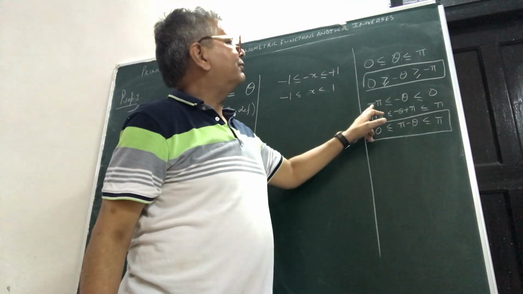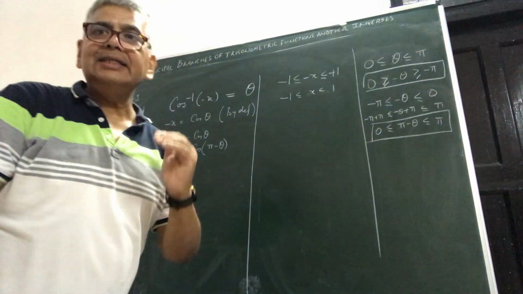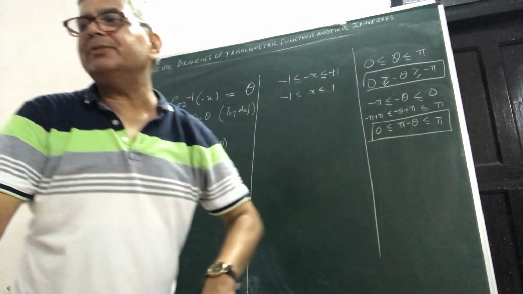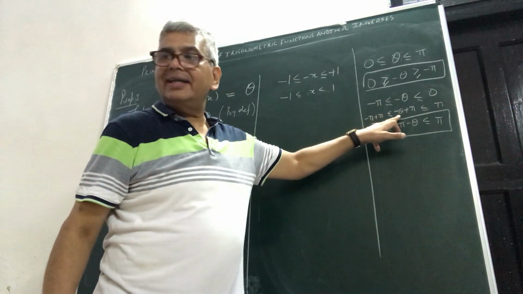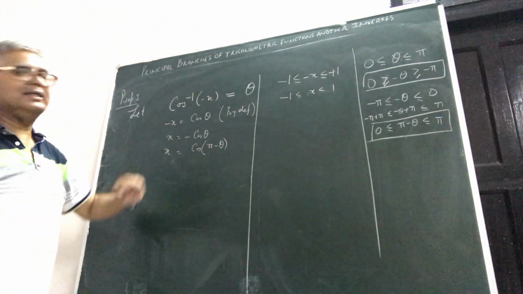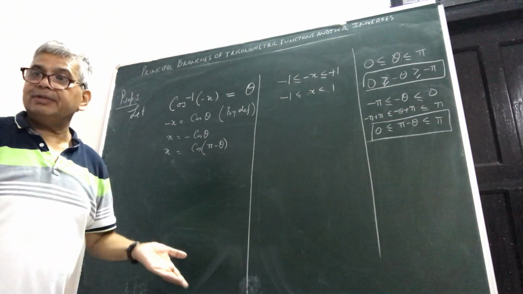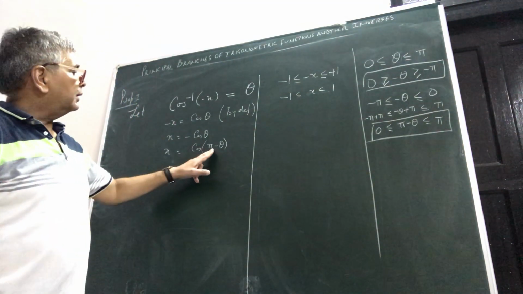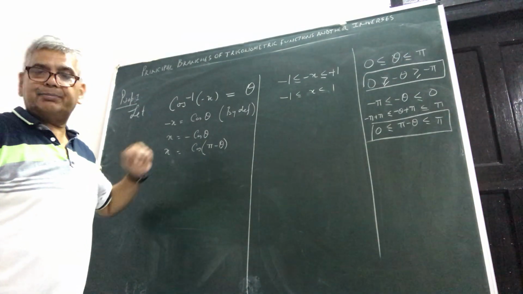Earlier, minus theta, you have seen, has come into minus pi to 0, which is not the principal branch. So in order to bring it into the principal branch, we have purposely added pi here. That is why we are writing pi minus theta. We could have done something else, but this manipulation we had to do just to bring it into our principal branch.